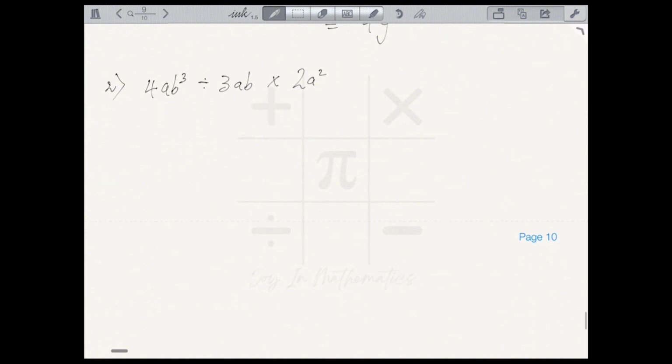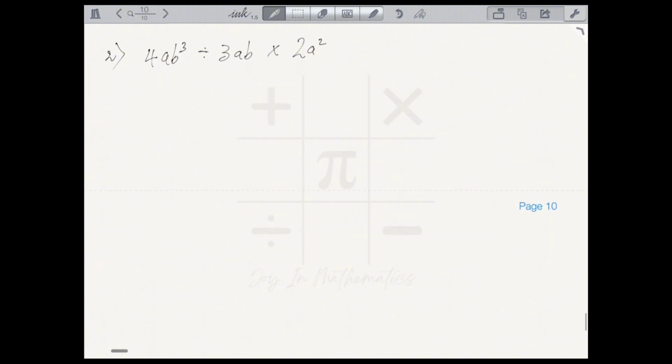Now, to grasp this as we did earlier, we would write it in the form of 4ab raised to power 3 divided by 3ab, multiplied by 2a raised to power 2. Now you will notice that this 2a squared is at the numerator and not at the denominator.